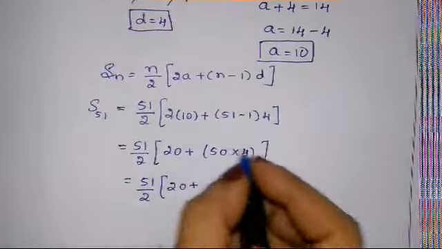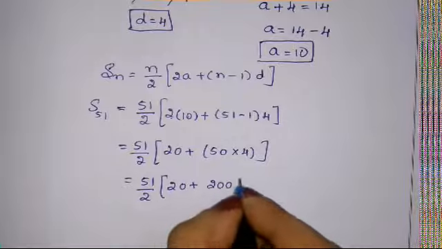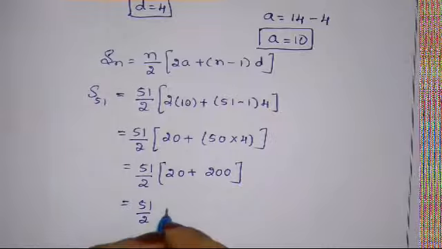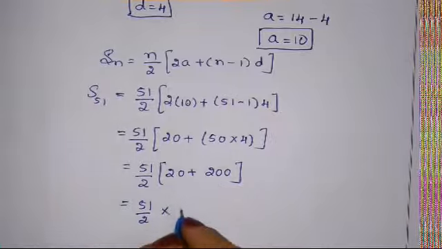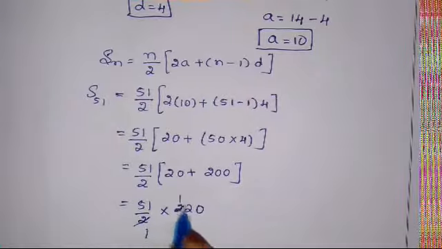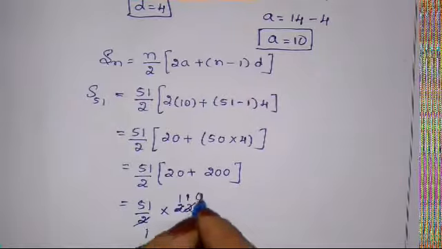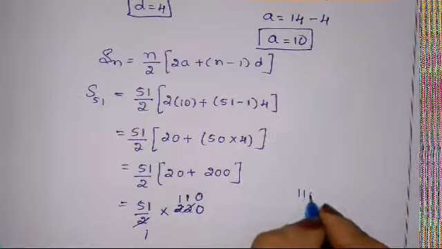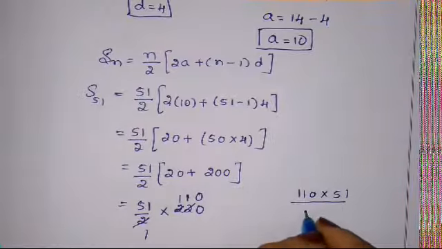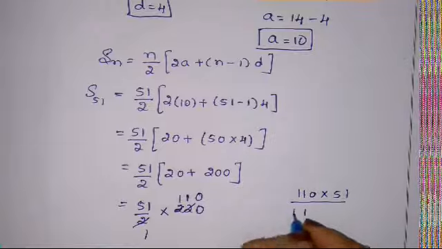51 by 2, 2 tens are 20 plus 50 into 4 is 200. So 51 by 2 into 220, 2 ones are 2, 2 ones are 2, 0. Now 110 into 51 we have to multiply. 5 ones are 5, 5 ones are 5, 1 ones are 1, 1 ones are 1.